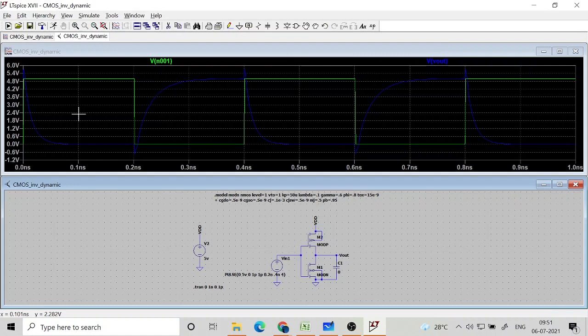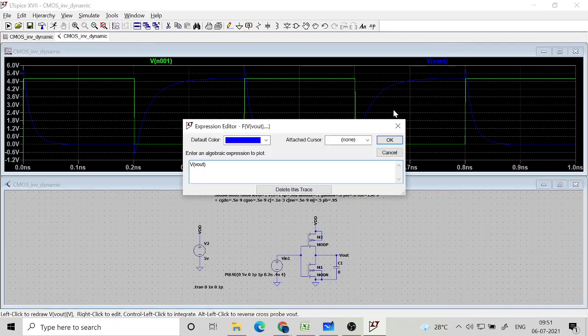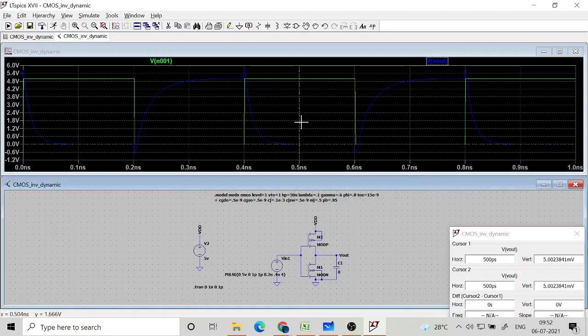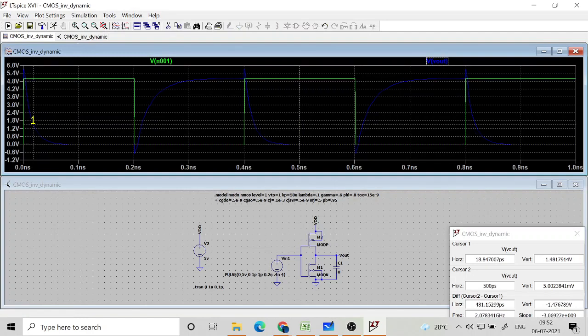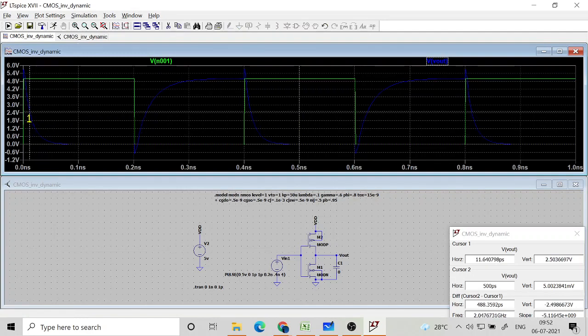I have taken both to be 2 micrometer, and with the 2 micrometer size for Wn and Wp, this is the delay I am getting. So the rise time and fall time, if I look at for this case, to find the fall time I just bring it to the 50% point, which is 2.5.